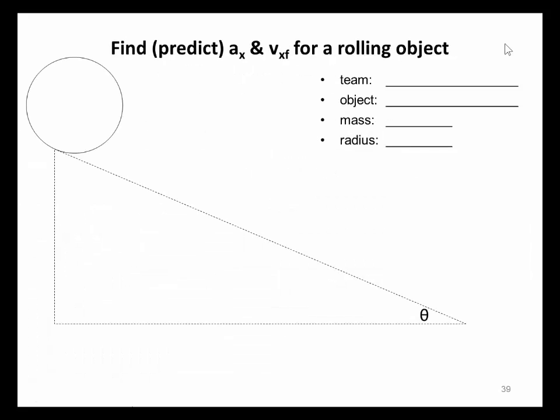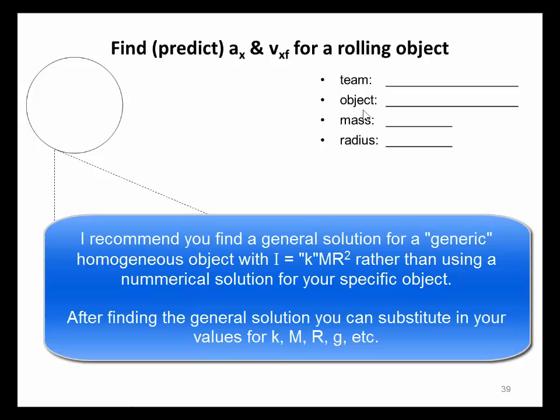So before we run an experiment, you should actually use the theory that we've worked out for moment of inertia and using torques and energy to predict what the acceleration and final velocity of the rolling object would be down a ramp. Now, I would recommend, rather than using your selected object to do this, I would use a general solution with some object of mass m and radius r, using a homogeneous object, because all of your objects are homogeneous.